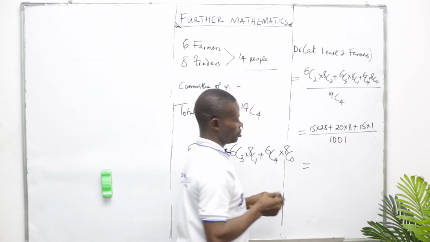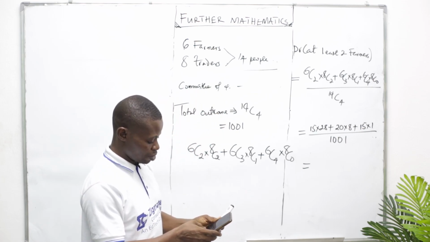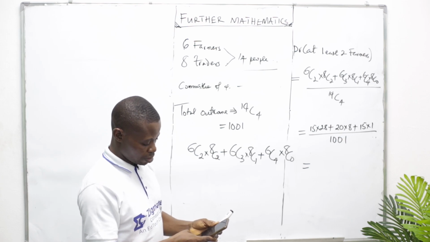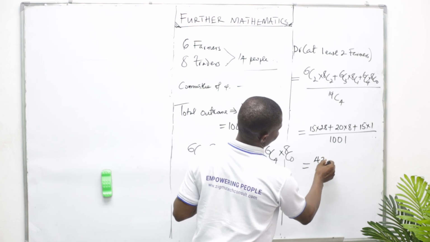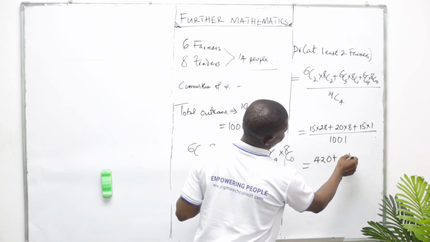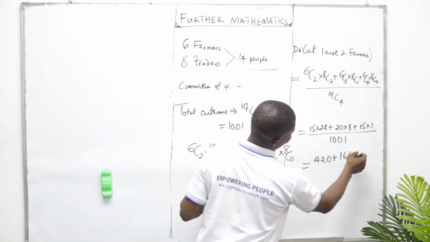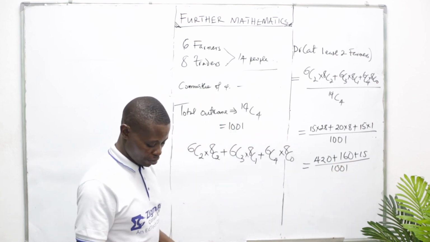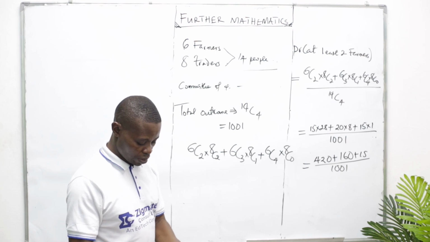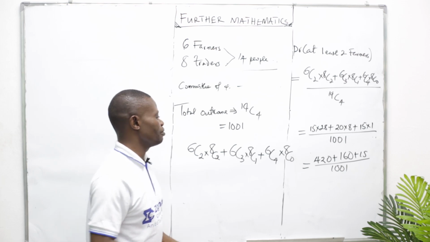This will give us 15 times 28, 420, plus 0, 160, 16 plus 15, 1001, plus 160 plus 15, 595.